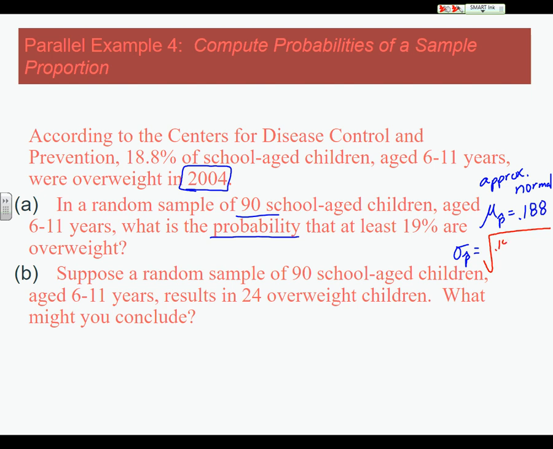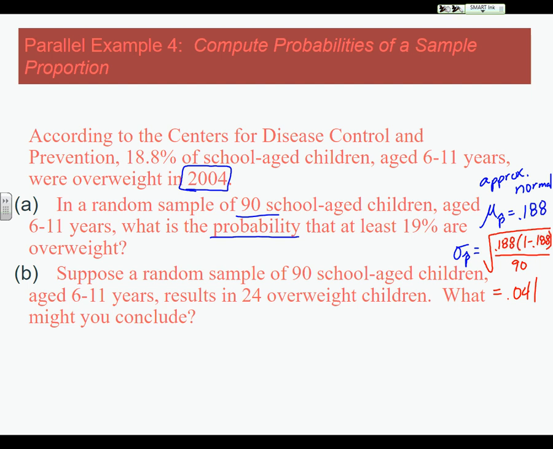I'm going to take the proportion of children that were overweight and the proportion of children that were not overweight, and I'm going to multiply those together. I shouldn't have said number, it's proportion. And I'm going to divide that by my n this time. And so this gave me a spread. When I'm dealing with 90 children, it gave me a spread of 0.041. We'll see in just a minute where I need to use that.